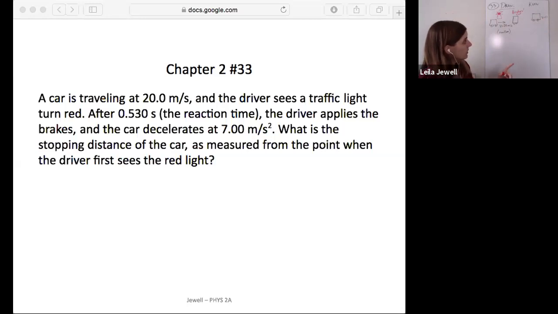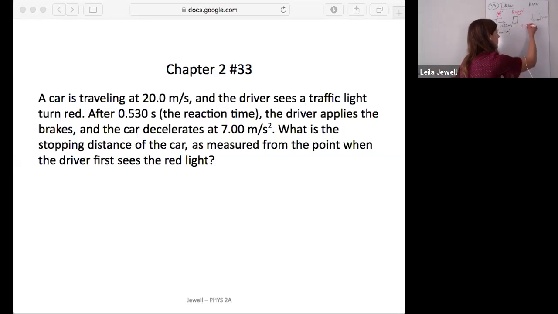We also know that while it is in the brakes region, it has an acceleration acting on it, right? It says the car decelerates at 7.0 meters per second squared. So that's telling us about the acceleration in here. 7.0 meters per second squared.